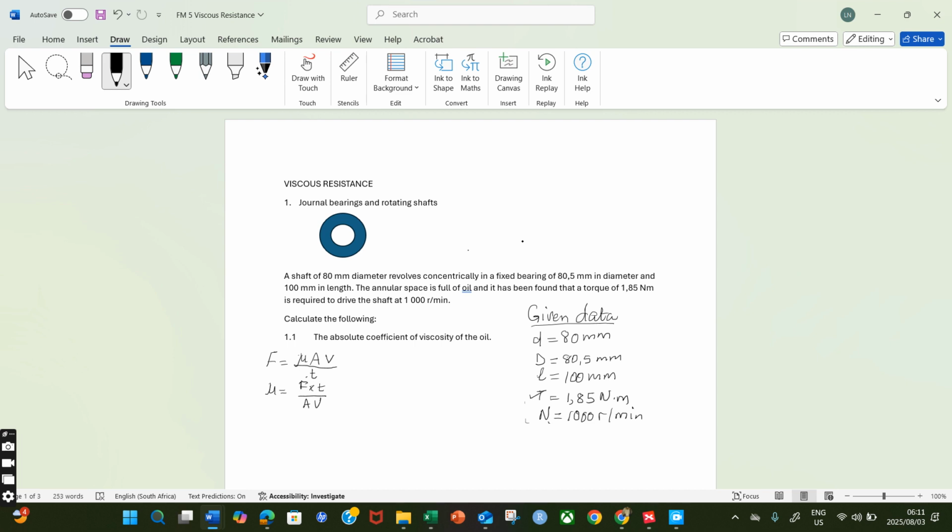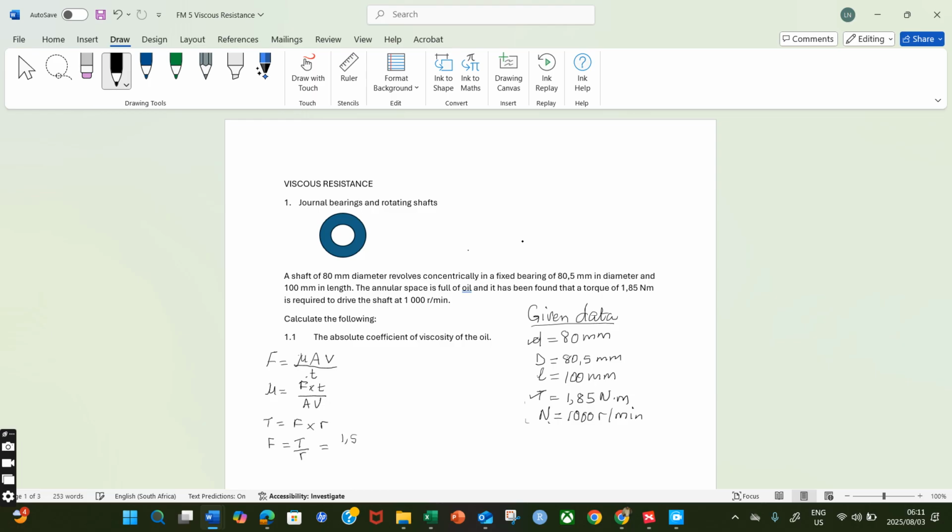We also have the shaft diameter. We know that torque is the same as the force multiplied by the radius. So to calculate the force, we manipulate this. We'll say, okay, this is torque divided by the radius.